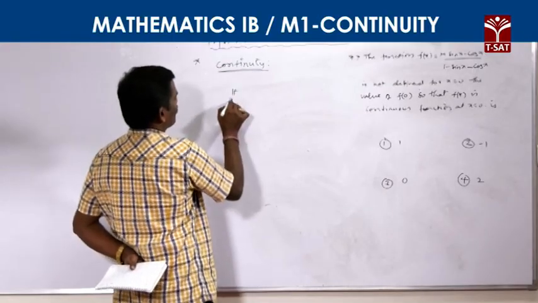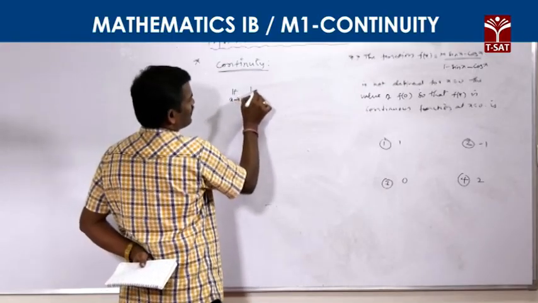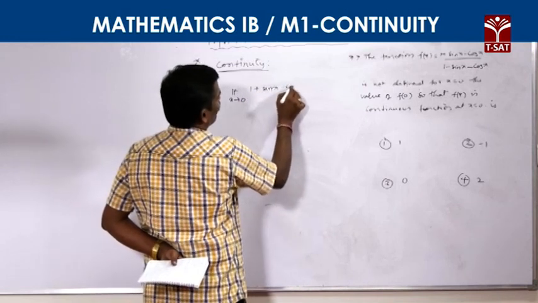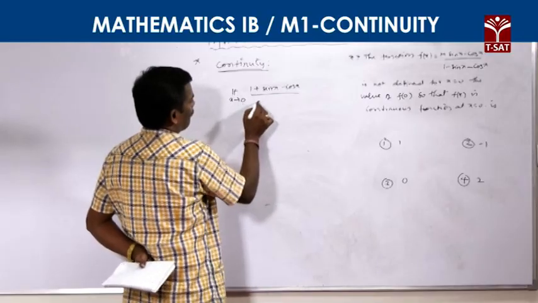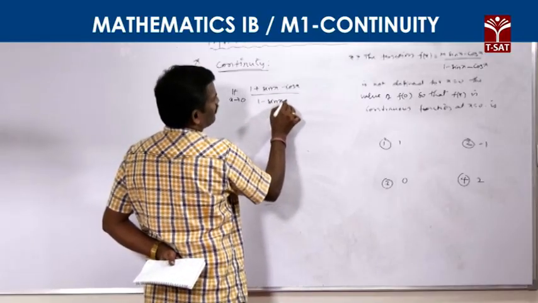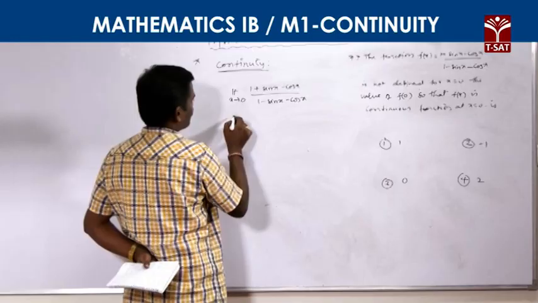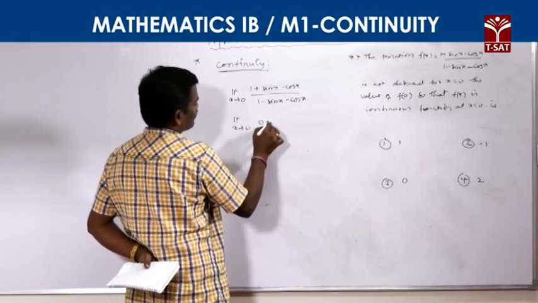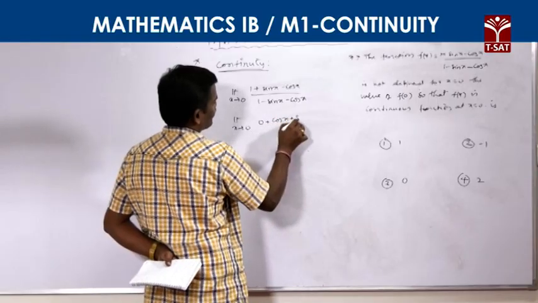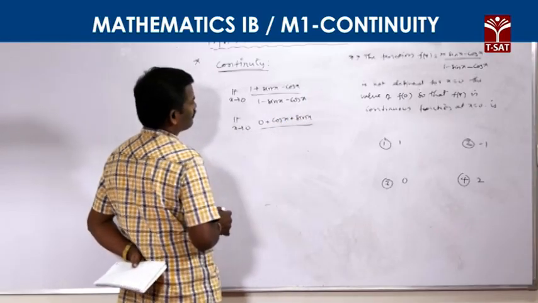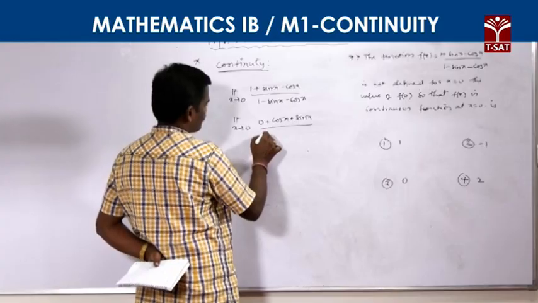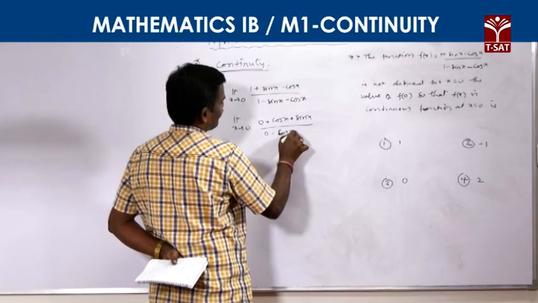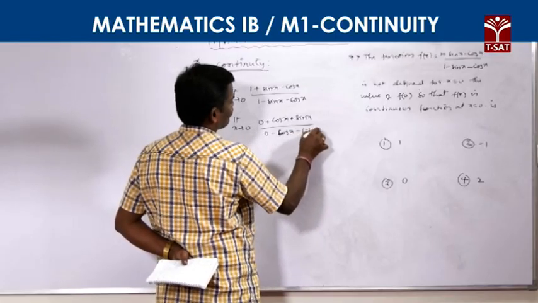Limit as x tends to 0 of 1 plus sin x minus cos x by 1 minus sin x minus cos x. First apply L'Hospital's rule: derivative of 1 is 0, derivative of sin x is cos x, plus sin x, by 0 minus sin x minus cos x, where the derivative of minus cos x is plus sin x.